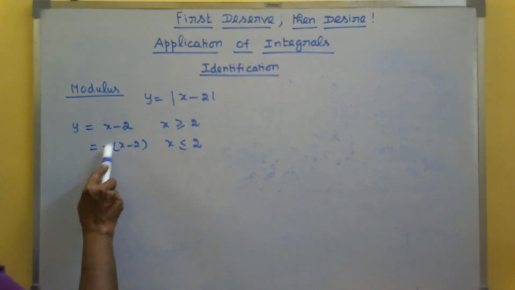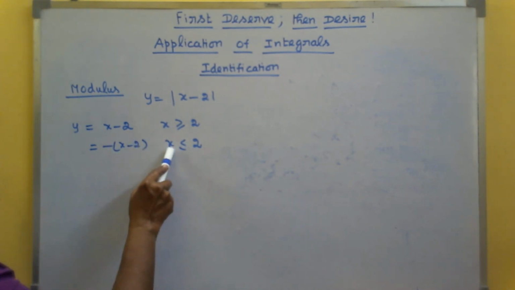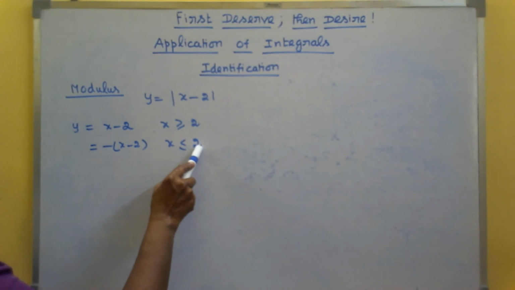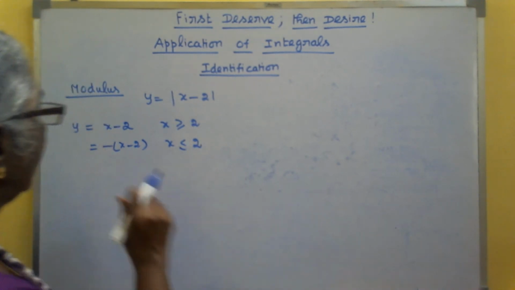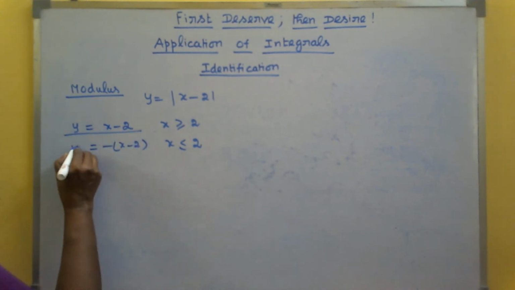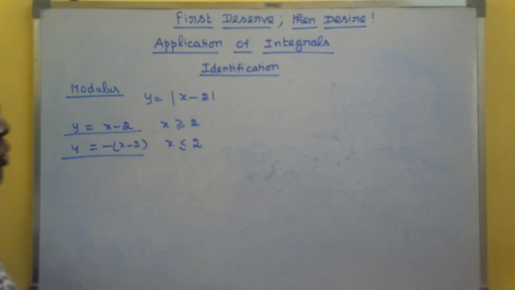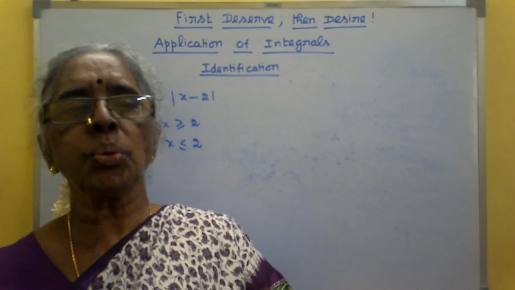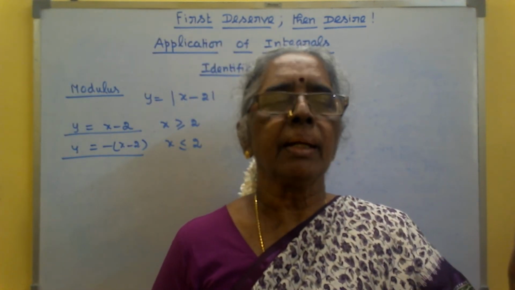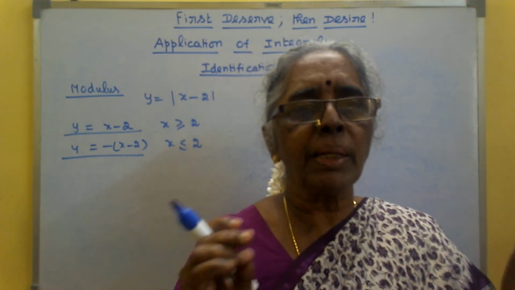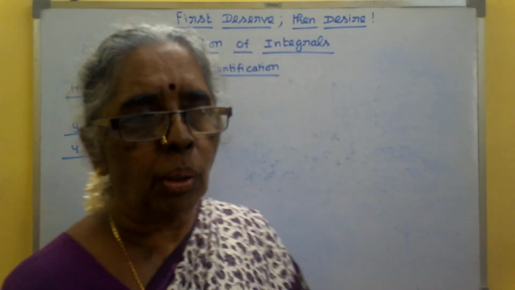It will be equal to minus of x minus 2 when x is lesser than or equal to 2. So actually you will be getting 2 straight lines: one is y is equal to x minus 2, the other is y is equal to minus of x minus 2. Those 2 straight lines form a V graph, and that will be the graph you draw for the modulus function.